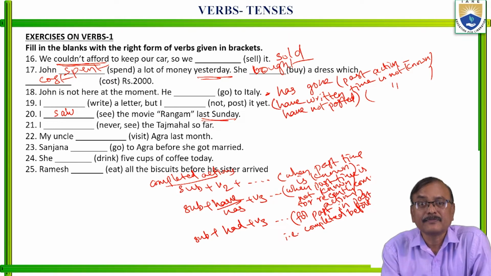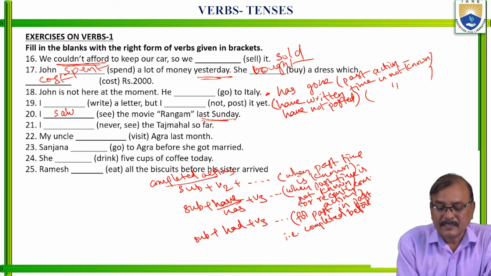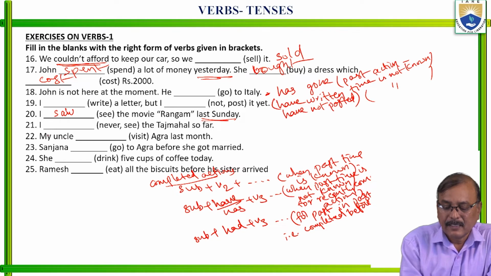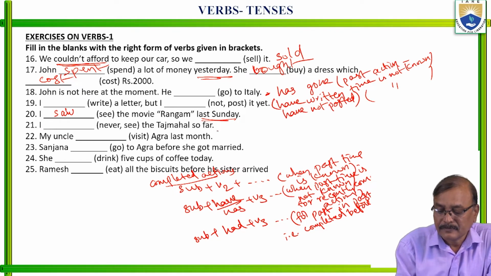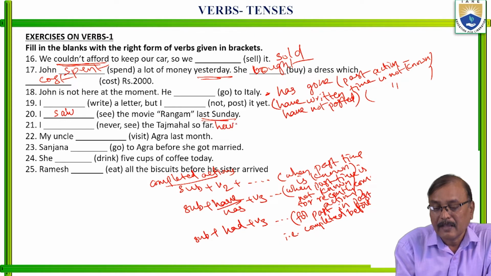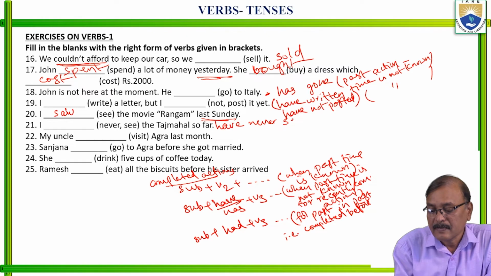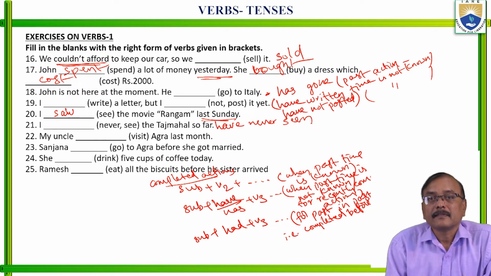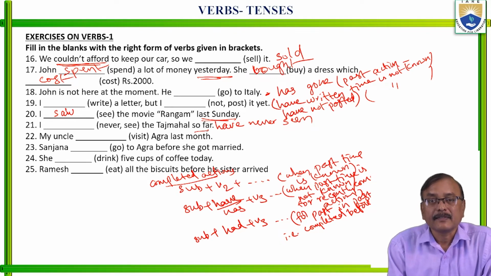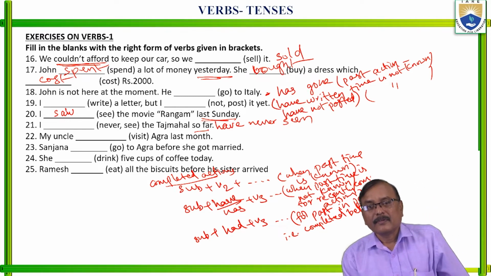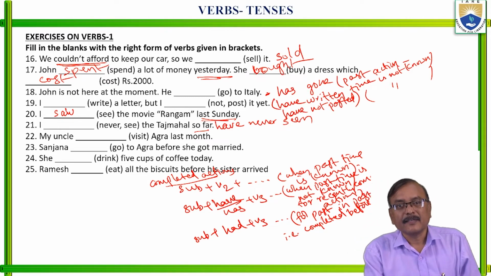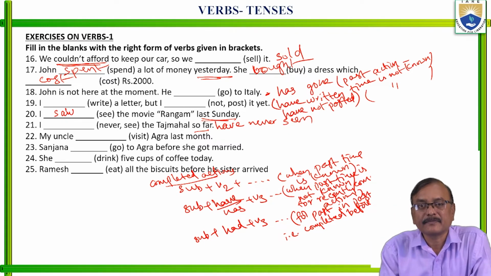So far, till now, up to present. I have never seen the Taj Mahal so far. So far, yet, still, already. When you get the phrases like this, you go with the present perfect.